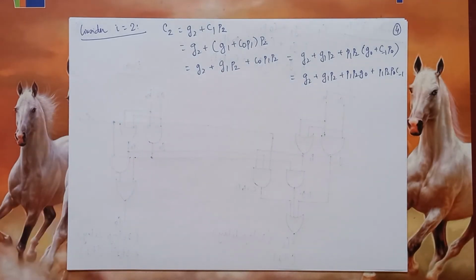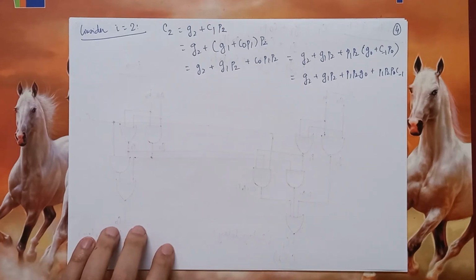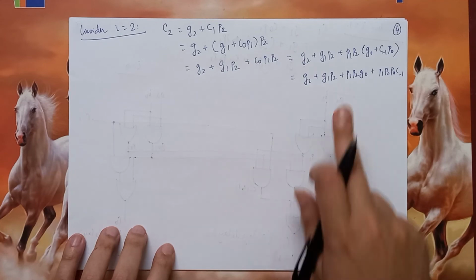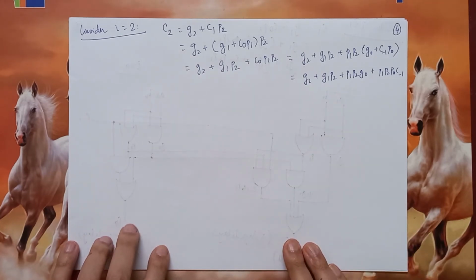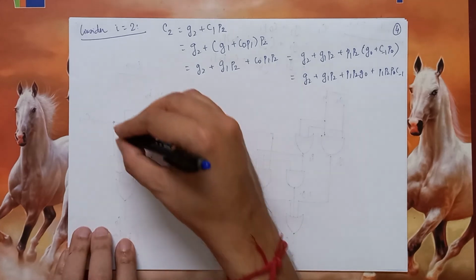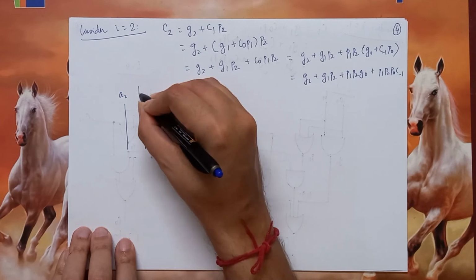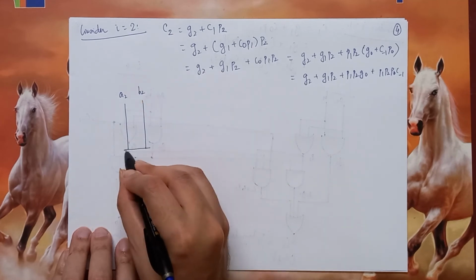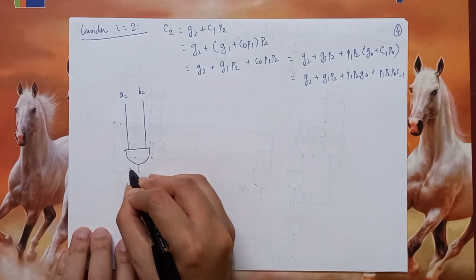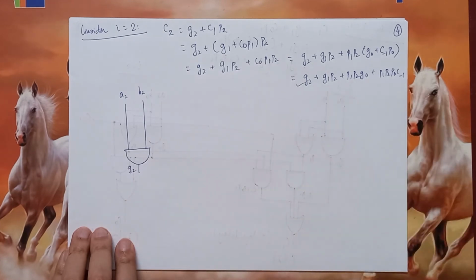So now if I were to draw this stage, of course the logic diagram will become a little bit more complex, but nonetheless let's try it out. So here we have the inputs A2 and B2. This is G2, this is done.